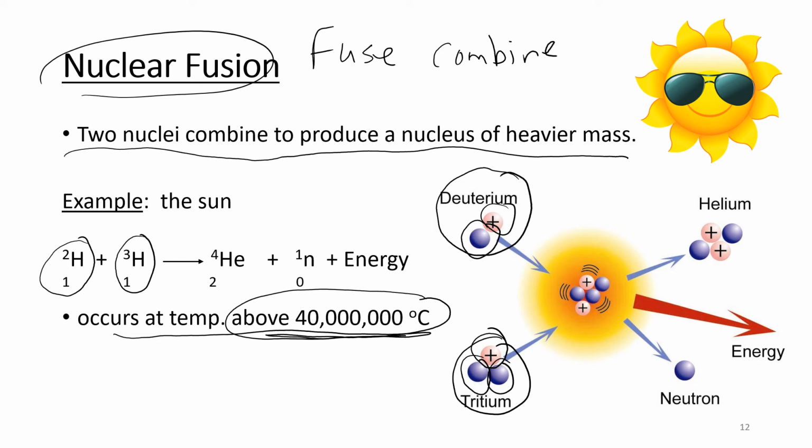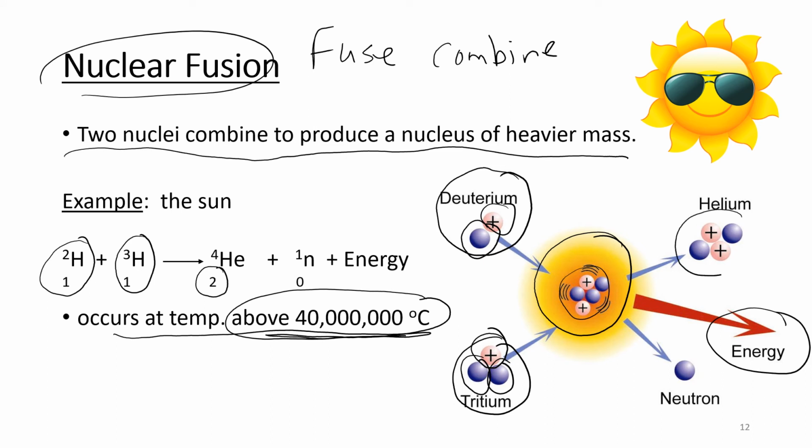So these two different atoms of hydrogen come together, they combine, and all of their protons and neutrons are here, and when we have 2 protons, we create helium, and this is not stable. So what happens is this breaks apart and gives off energy.